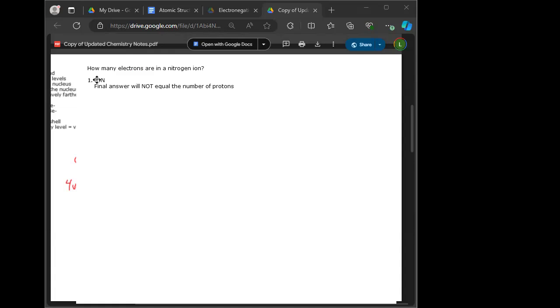All right, but you know that you have an ion. So first you need to find the original number of electrons. And how do we do that? That's just through the atomic number. Because the atomic number equals the protons, and the protons equal the electrons of the original atom.